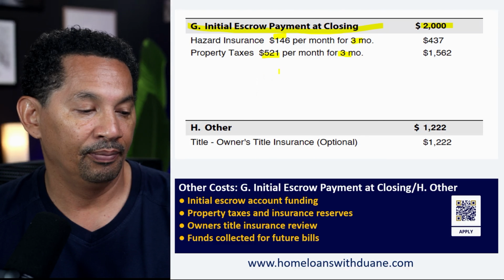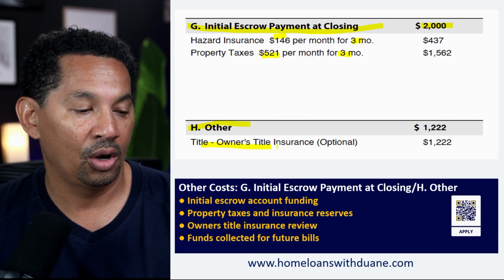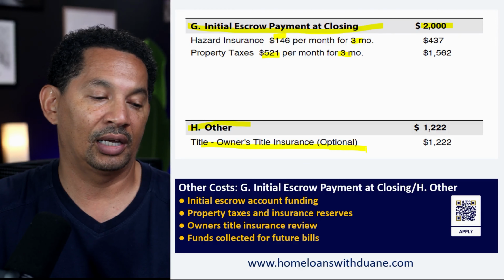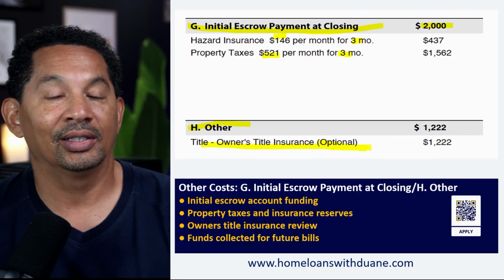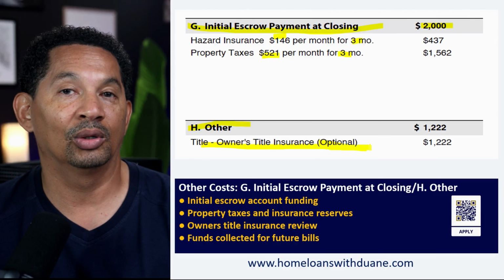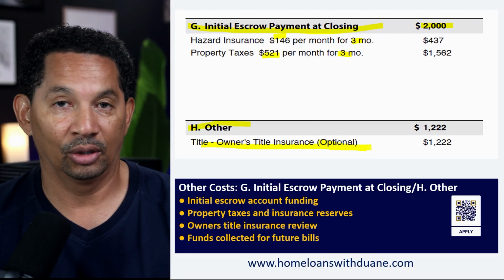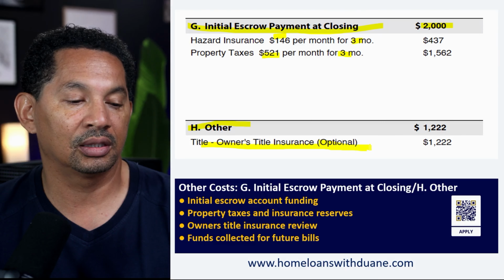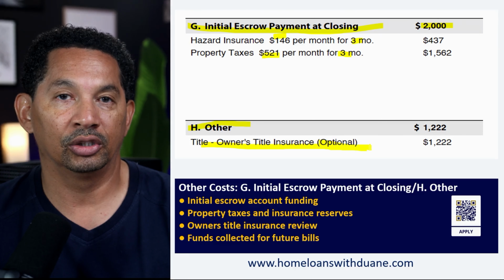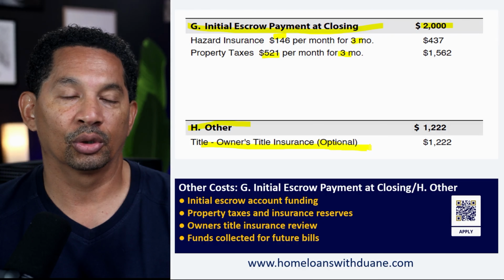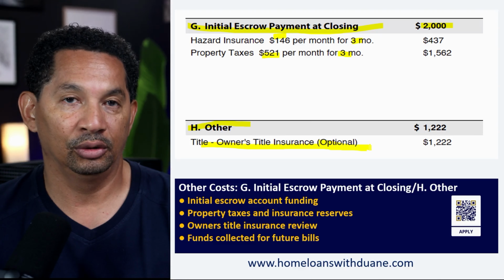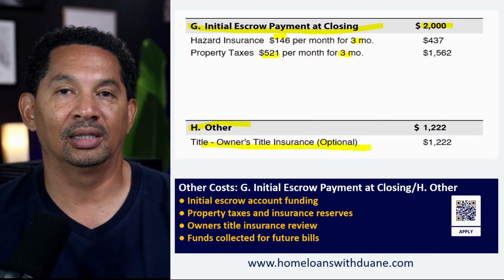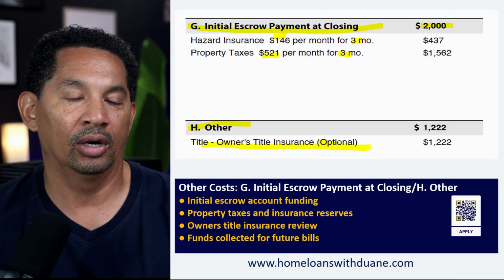Okay. Then the next one is right here. Now, this is important. This is your owner's title insurance, and you can see that it says optional right here. It is optional, and I've never had anyone waive this. I don't suggest you waive it, because it safeguards you from any errors or any individual coming after you've purchased the home stating that they are the rightful owner of the property.